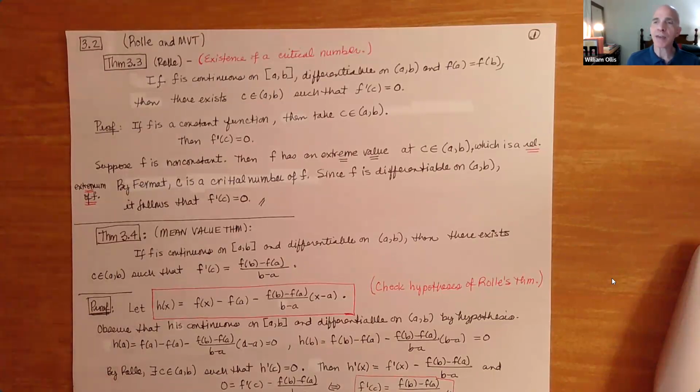But there's no way that the derivative could be undefined on the interior because of the hypothesis of differentiability. So that's how simple the proof is. But it requires a very precise use of the extreme value theorem.